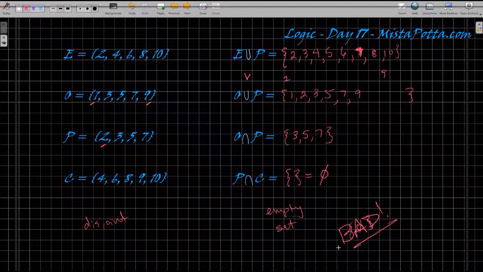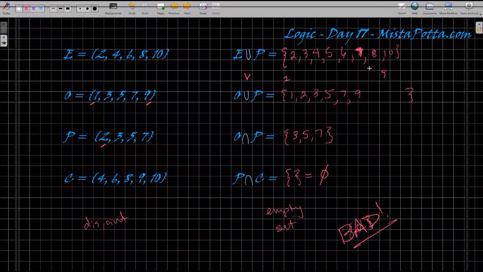So notice that my unions tend to be bigger, and if I chose my sets wisely, I could end up with the entire universe. If I tried to put E with O together as a union, I'd end up with the entire universe because they'd take care of 1 and 9 for me. So my sets can be as big as the universe.